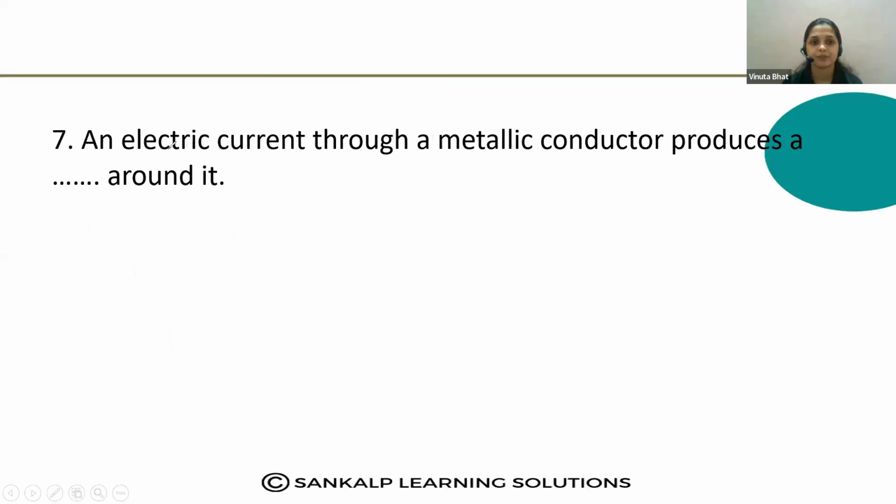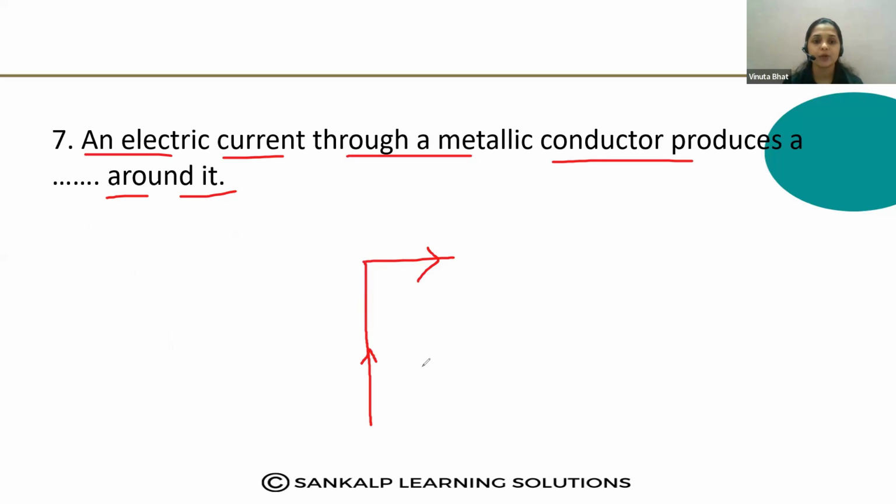Next question. An electric current through a metallic conductor produces a dash around it. So just imagine there is an electric current passing through the metallic conductor. This is the conductor. The electric current is passing through this. What does it produce around this wire?